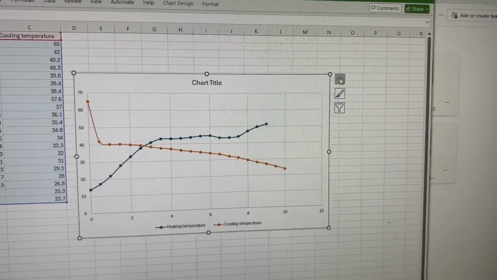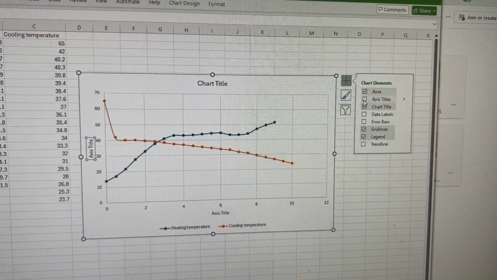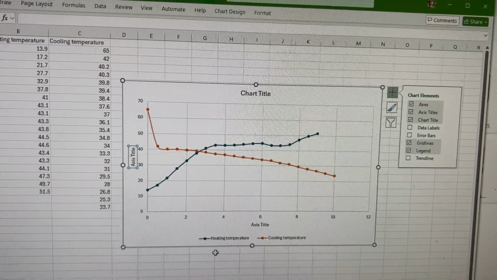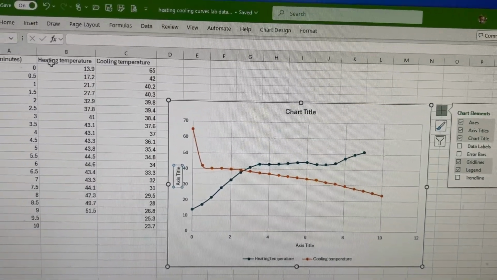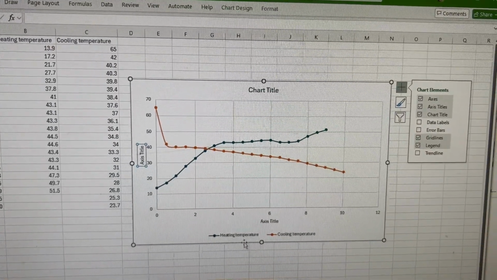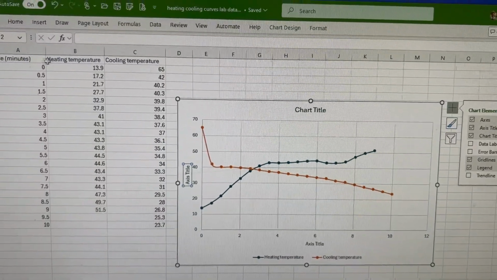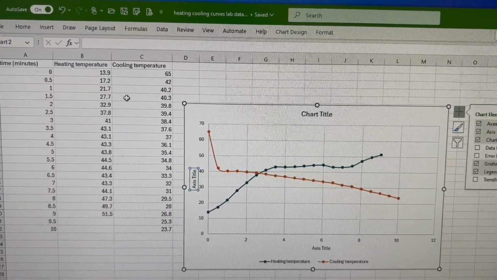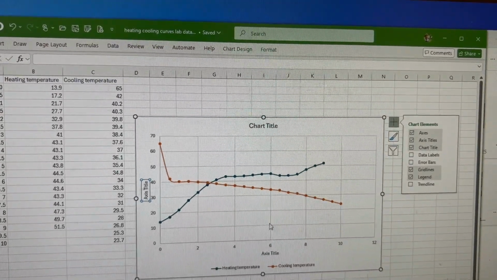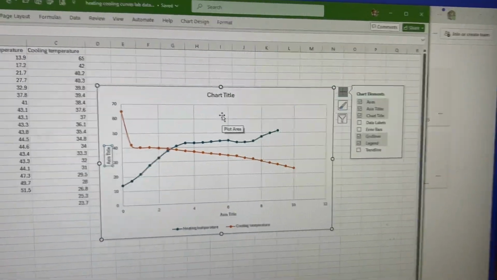You click on this button here, and you can add axis titles. Because we have headers here in Excel, it makes the legend for us, so always start your columns with that information. Now let's type in the titles for the graph and the axes.